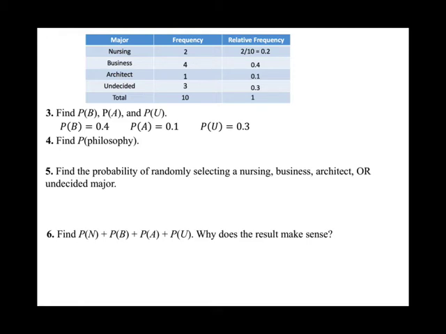Now I'm going to close my eyes and try to pick one student, and I want to know what is the probability that the student is a philosophy major. Is it possible? No, right? So using the formula, that will be 0 over 10. We do have 10 students in total, but no one majors in philosophy. So that will be equal to 0. It is impossible.